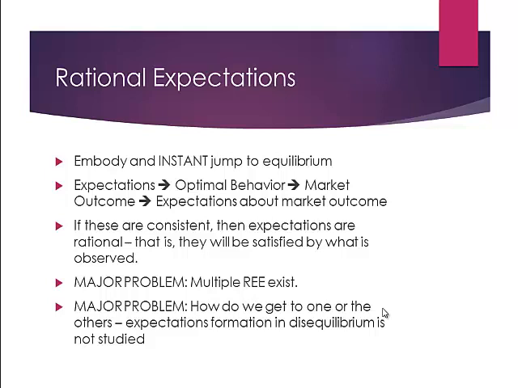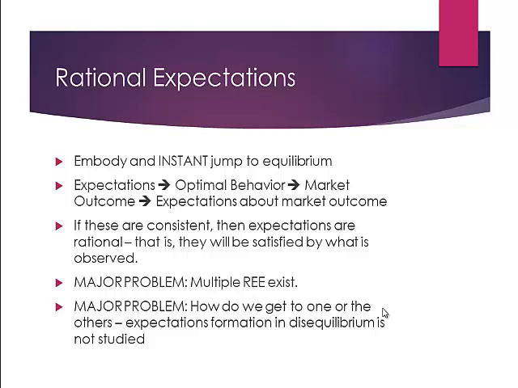Now the theory of rational expectations says that suppose we look at all the expectations of everybody, and typically they should be the same because they are rational. These expectations are about the future. Once you have these expectations, you can determine how people will act, and everybody will act to do some maximization. So suppose we assume everybody has some expectation, then we calculate their optimal behavior, and then some market outcome will result.